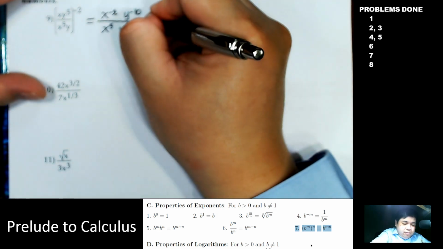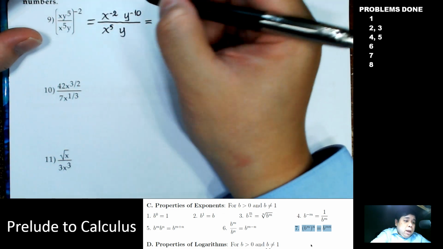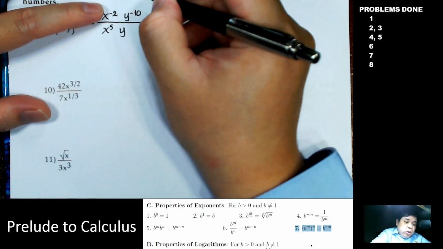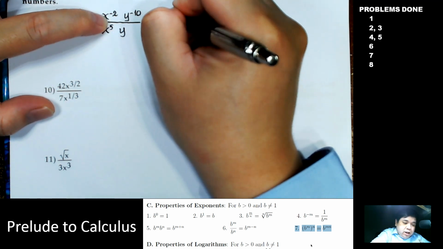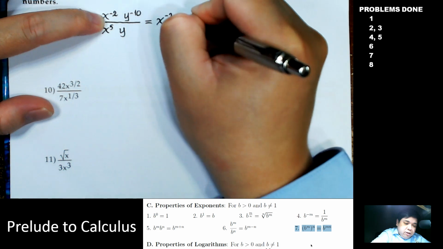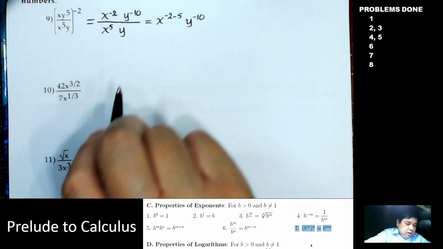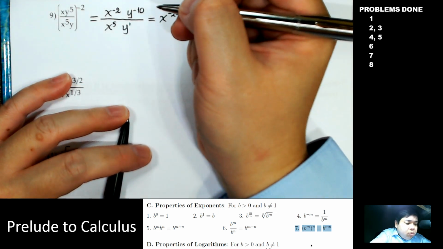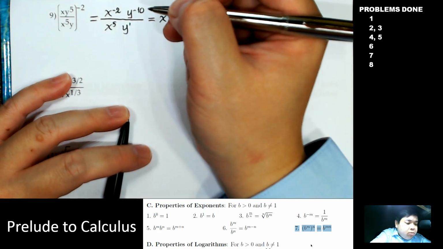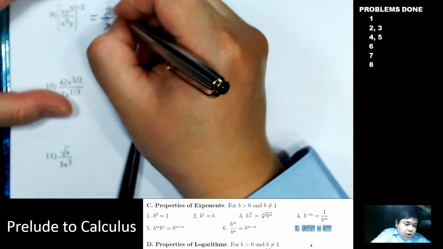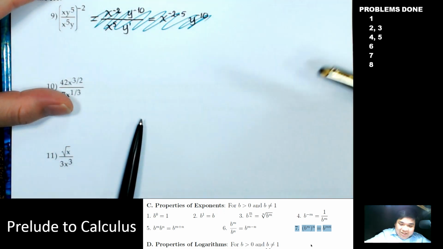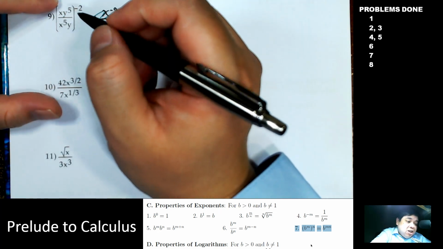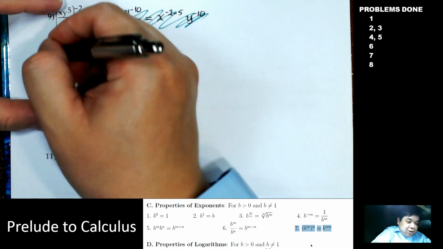Right. And now to simplify them, notice we divide two things with the same base, so we subtract the exponent, negative 2, negative 5, y, negative 10. Never mind. Sorry, that was wrong. The square was for the whole thing. So we have to simplify inside first. Yeah, sorry. I thought it was just the top.